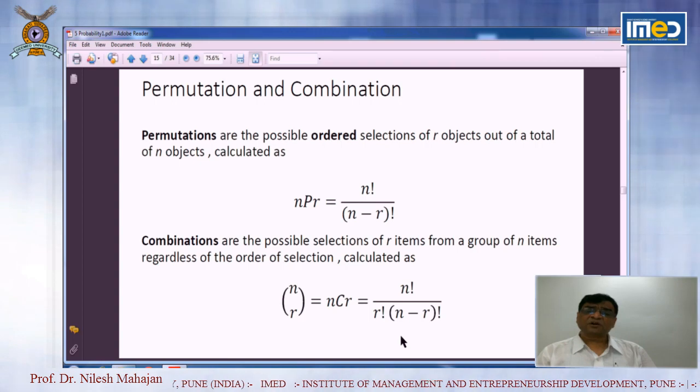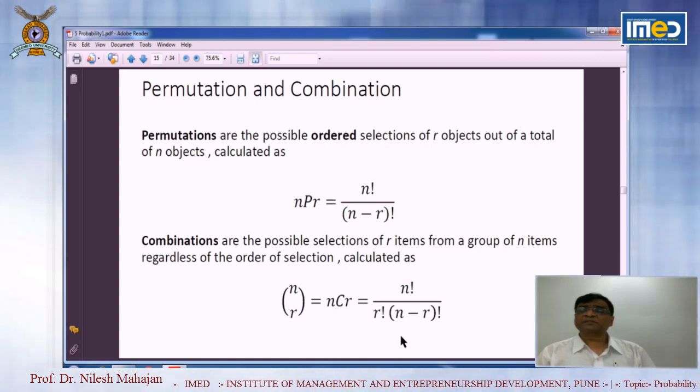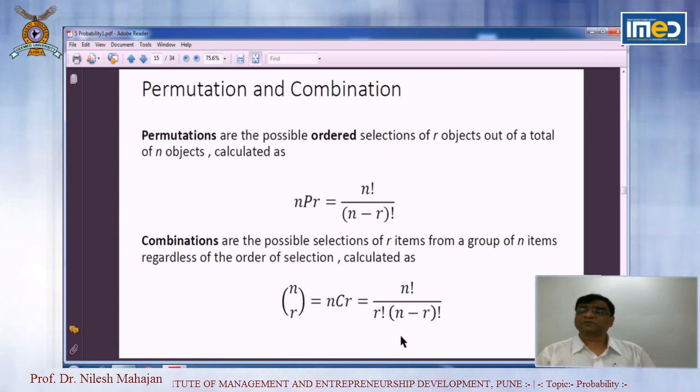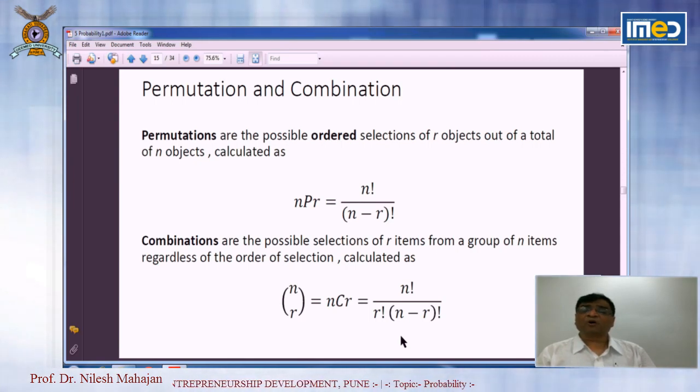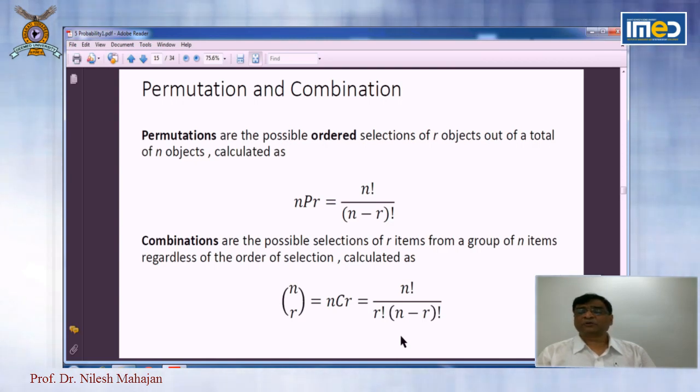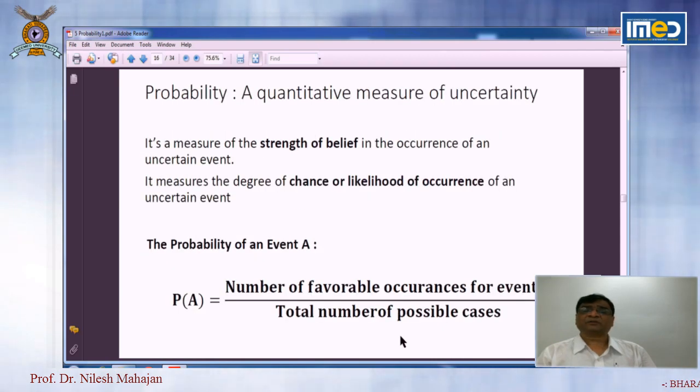And combinations are the possible selections of r items from a group of n items regardless of the order of selection, calculated as nCr equals n factorial upon r factorial times n minus r factorial. Here n is the total, r is the chosen. So we can write the formula n factorial upon r factorial n minus r factorial.